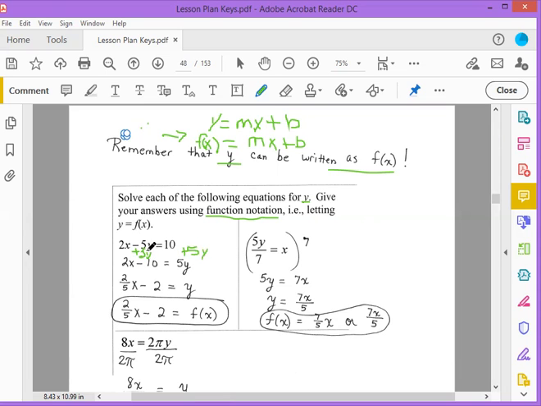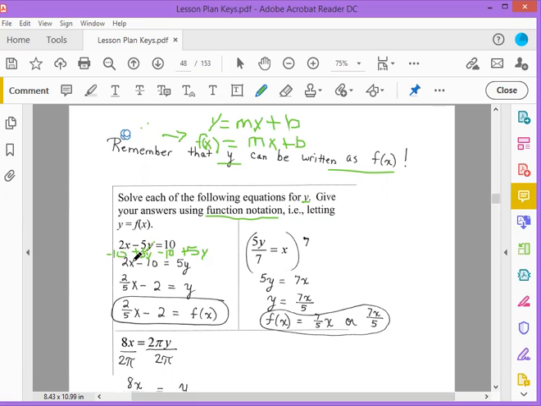So we're bringing our y term over here to the right side so that it could be positive, because right now it's a negative 5y. The 10 we're going to move to the left side of the equation. We're going to subtract 10 from both sides of the equation here.